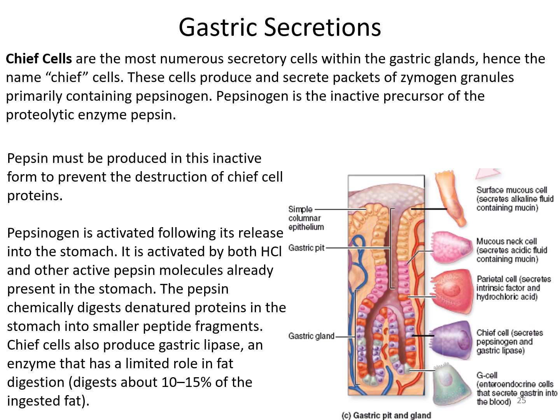Also in the gastric pit you have chief cells. Chief cells release what we call zymogen granules. A zymogen is like an enzyme that's not yet active. It's kind of like an enzyme precursor. So specifically in this case we're talking about pepsinogen.